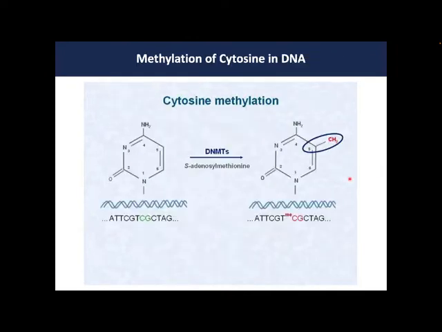So first of all, let's talk about DNA methylation. In DNA methylation, we mainly refer to cytosine methylation. The 5 position of the cytosine can be methylated by DNA methyltransferase, and SAM, S-adenosyl methionine, acts as a substrate, which is the major source of the CH3 residue on the cytosine.